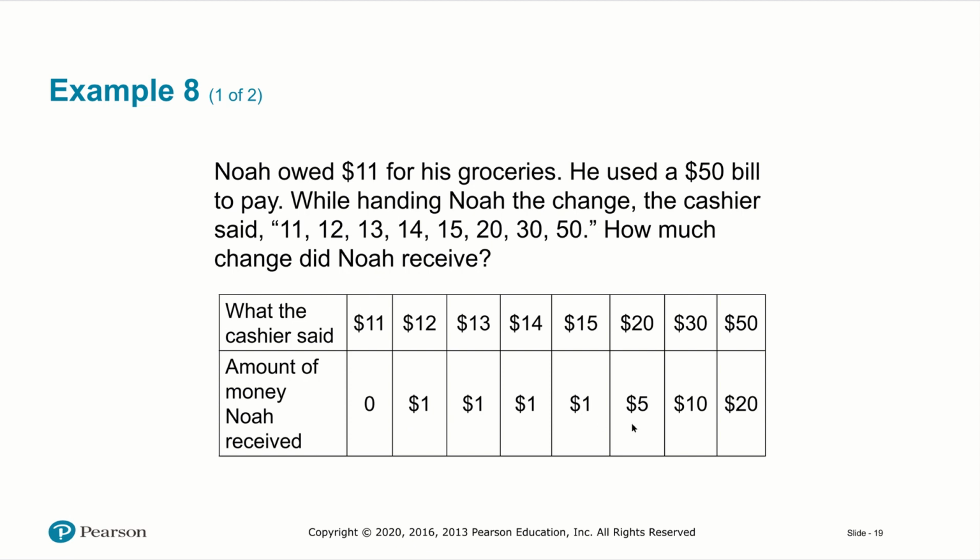And then jumping from 15 to 20, that must have happened using a 5. And then from 20 to 30 using a 10, and then a 20 to get to 50. So to see how much change he got back, all we have to do is add these: 20, 30, 35, 39. All right.